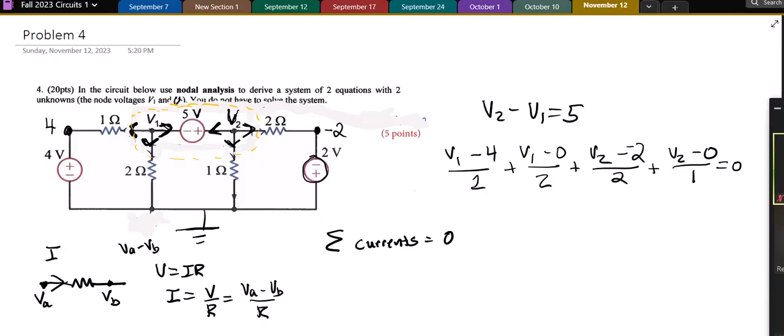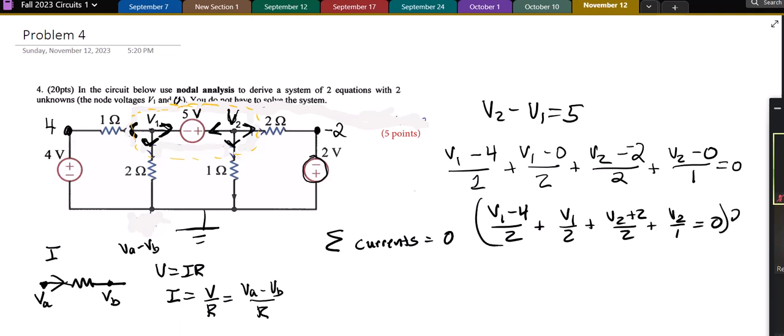So let me simplify this. So this is (V1 minus 4)/2 plus V1/2 plus V2 plus 2 over 2 plus V2 over 1 equals 0.